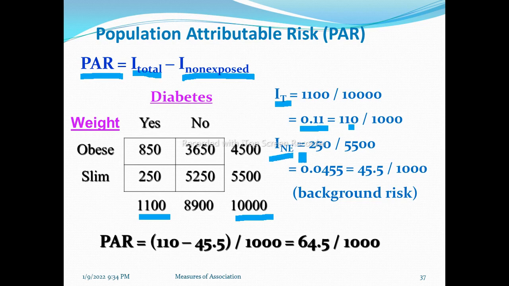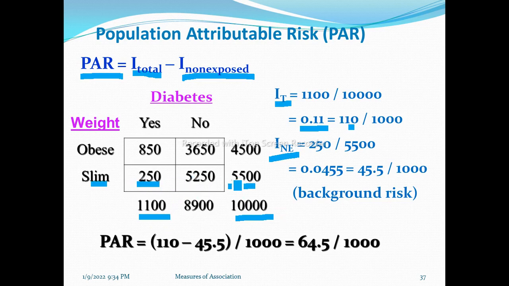Incidence in non-exposed is 250 over 5,500. That means 250 is this one and 5,500 is this one, so 250 divided by 5,500. This is slim, non-exposed. This one is exposed, this one is non-exposed, in the total population.